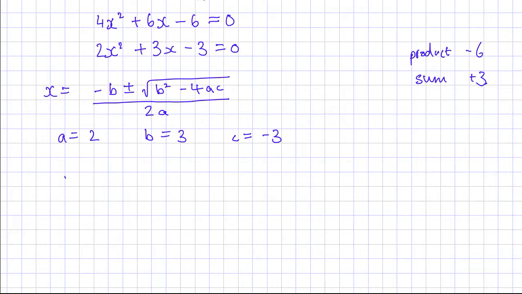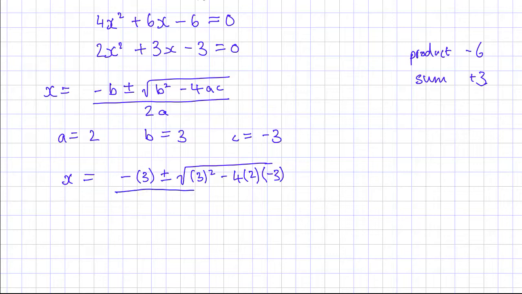So x equals minus, so b is 3, so I'm going to put that in a bracket, 3, plus or minus the square root of b squared, so 3 squared, minus 4 times a, which is 2, and c, which is minus 3, and all of this is going to be over 2a, so 2 times 2. Now this is worth method marks in a test, so I should be writing this every single time.